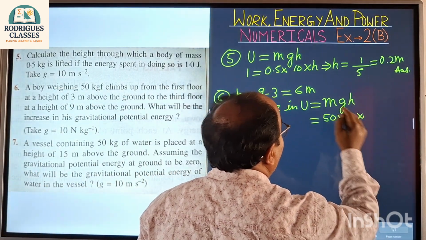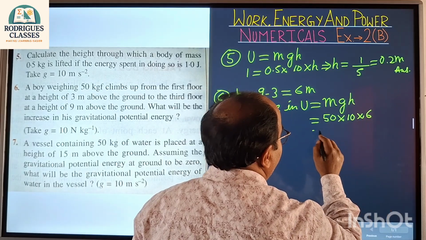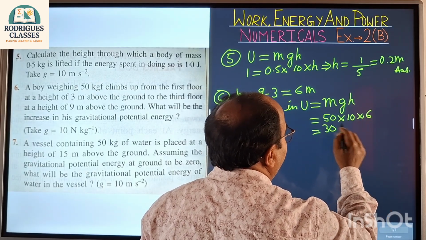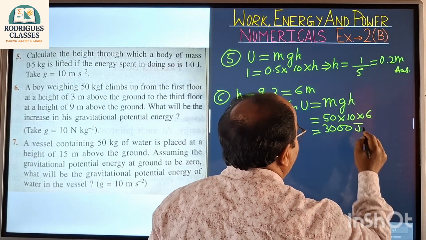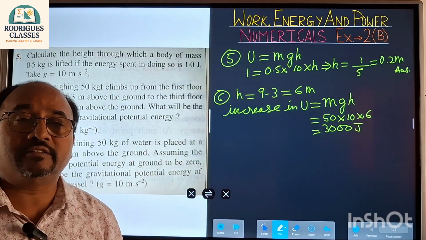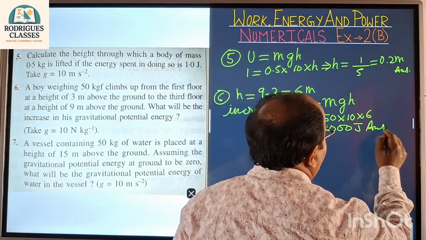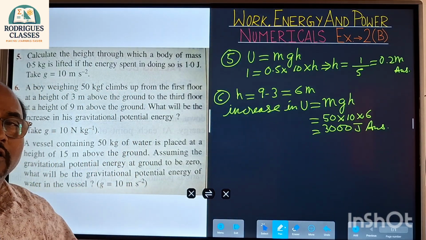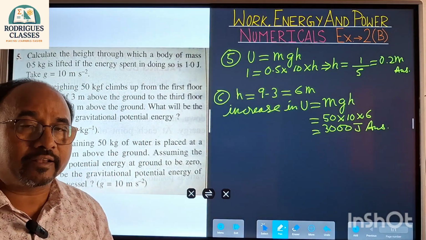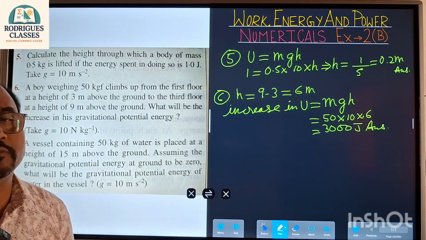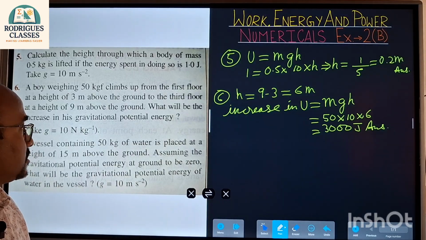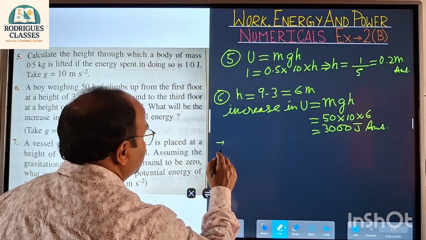So 10, and the height we got as 6. So 6 5s are 30, and then 2 zeros. The potential energy increase is 3000 joule. This is the answer for this sixth numerical. So till now we are getting sums where it is directly use of the formulas. Now let us take a look at numerical number 7.